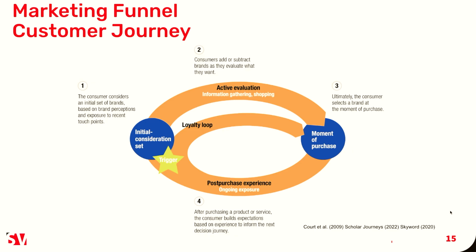We have initial consideration around point 1, and then we move through with active evaluation to point 2, which is the moment of the purchase. We have the post-purchase experience, which then again triggers the loyalty loop and continues the cycle of the customer journey through marketing and sales. I hope that is clear.